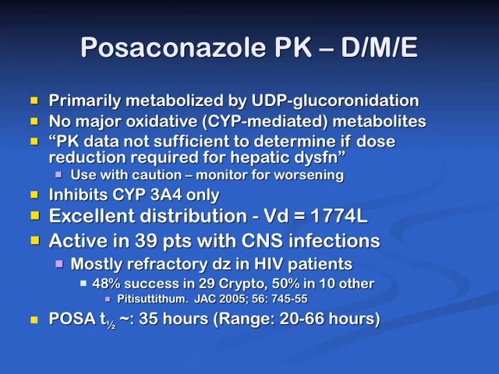Posaconazole inhibits 3A4 specifically. It doesn't inhibit 2C9 or 2C19, unlike Vori, but like its cousin itraconazole. It has excellent distribution, with significant CNS concentrations as well, and a longer half-life than voriconazole, about 35 hours on average.